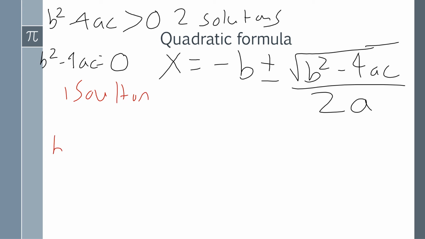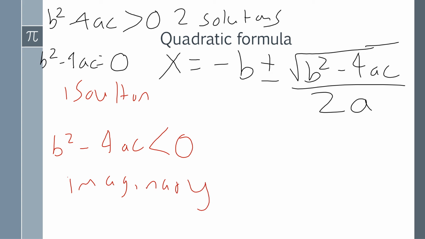And if b squared minus 4ac is less than 0, you get imaginary. Alright? So remember those three cases inside of this guy here.